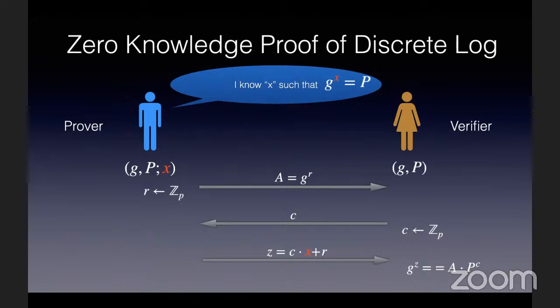I want to convince this verifier that I know such an x. Now, this problem is interesting only when it is hard to compute such an x, right? So for example, if I take some easy problem, like I know the GCD of 2 numbers, that's not an interesting problem because everyone knows how to compute the GCD of 2 numbers, as there's a high school algorithm for it.